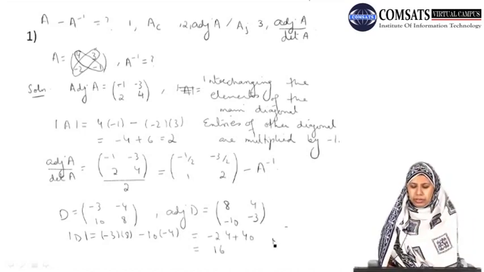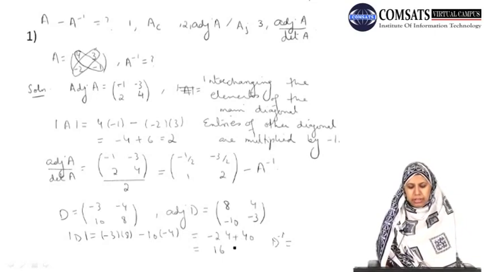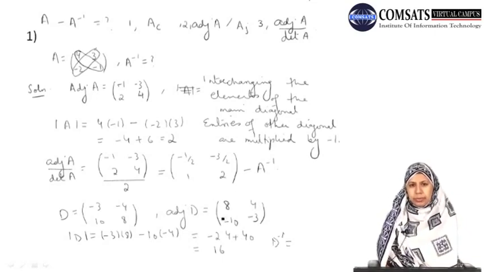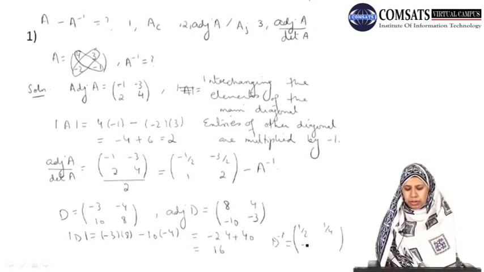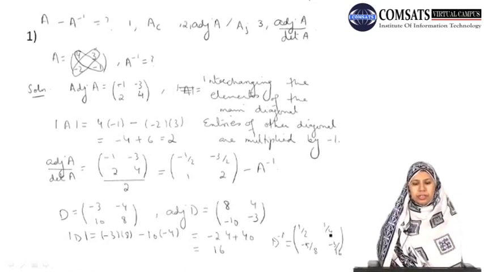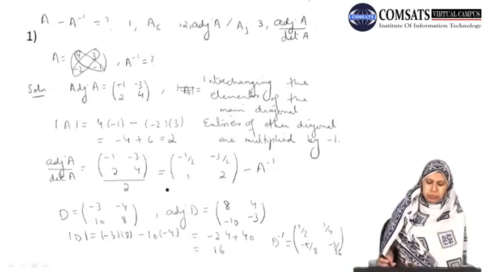And the inverse of this matrix will be the ratio of the adjoint to the determinant, that is, multiplying this adjoint by 1 by 16, we obtained 1 by 2, 1 by 4, -5 by 8 and -3 by 16 as the inverse of this square matrix of order 2 by 2.